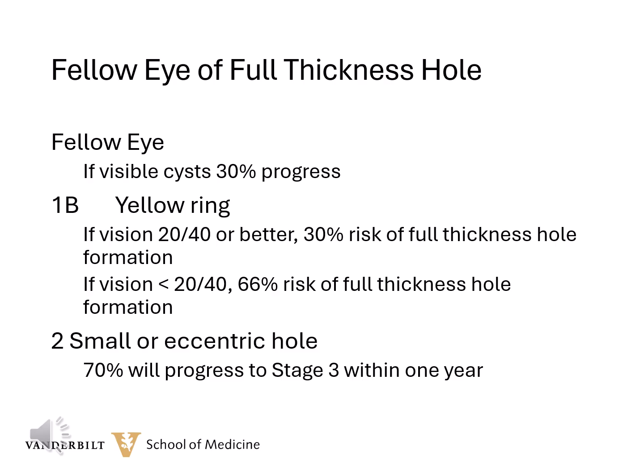For the stage 1B, if the vision is better than 20/40, there's a 30% risk, and that does match if you can see a clinical cyst. If the vision was less than 20/40, then the risk doubled to 66%. And I'll just put in a short word here on the stage 2 small or eccentric macular holes, and 70% will progress to a 500 micron stage 3 hole within a year.